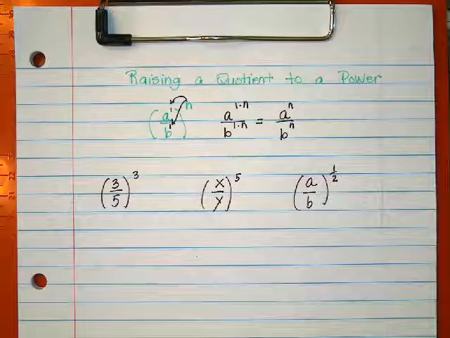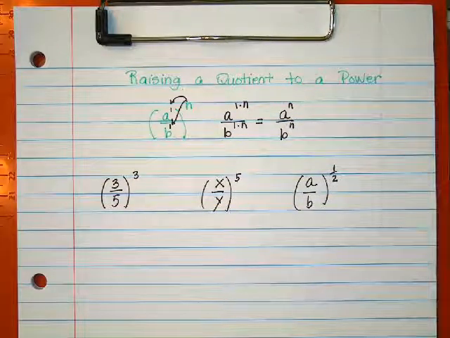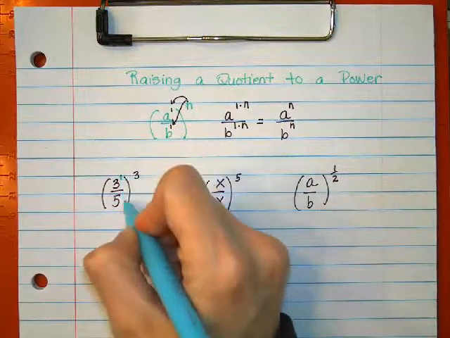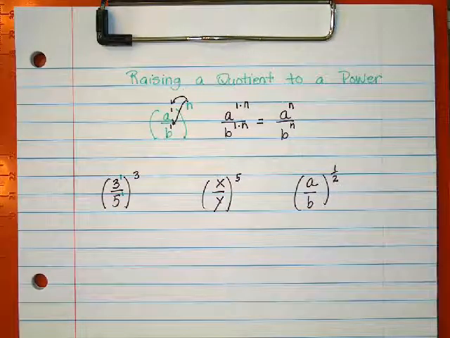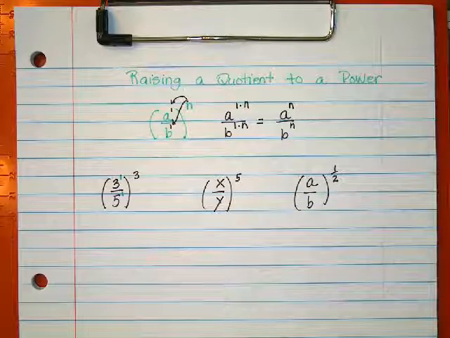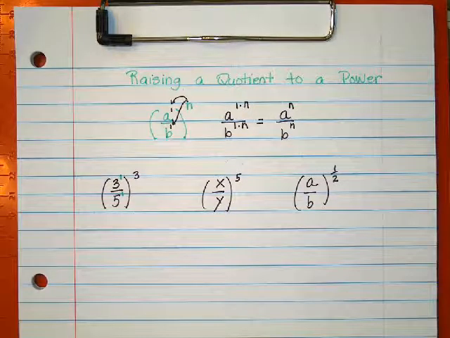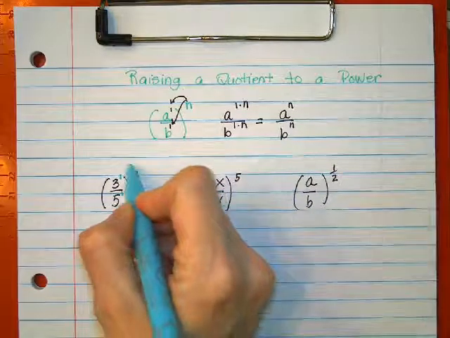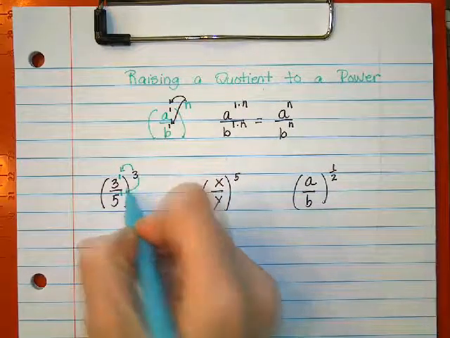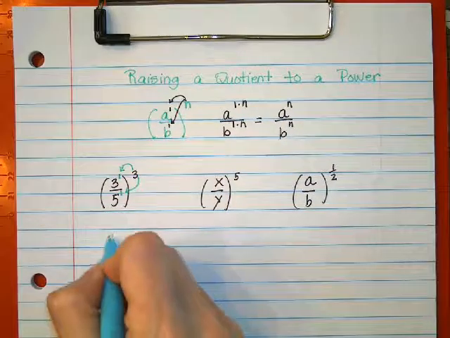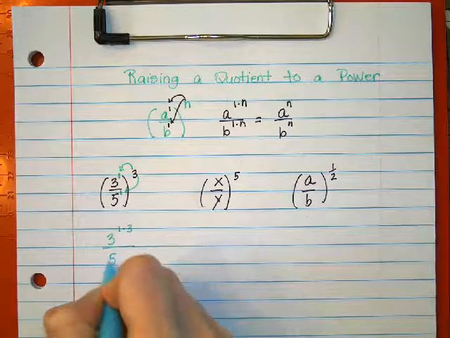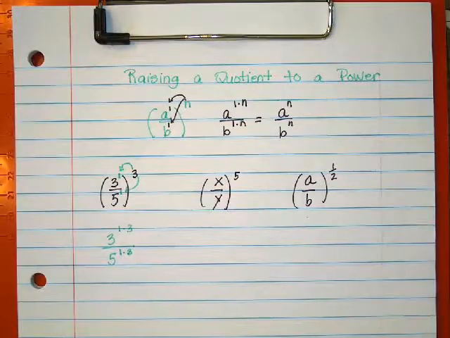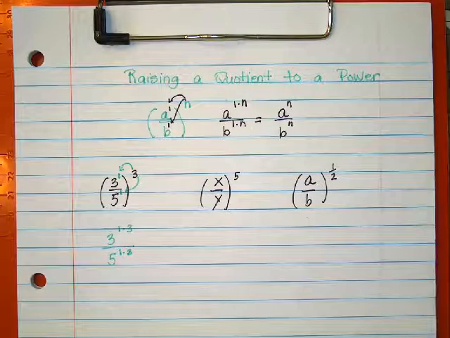So again, remember when we do not see exponents, we have an understood exponent of 1. And if you need to write them in when you're doing your problems and working them out on paper, this would be my best suggestion for you to do. We're going to multiply the 3 times the 1 and the 3 times the 1 down here. So now we got 3 to the 1 times 3 over 5 to the 1 times 3. So we're multiplying our exponents to get the new one.